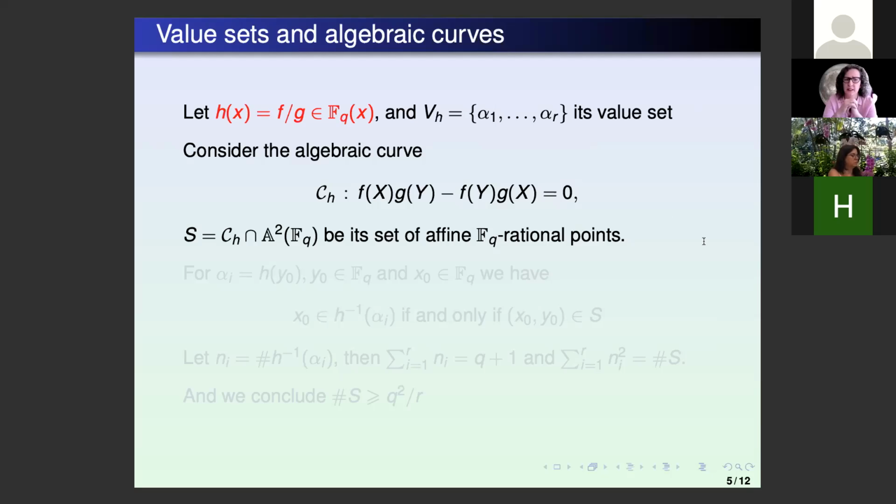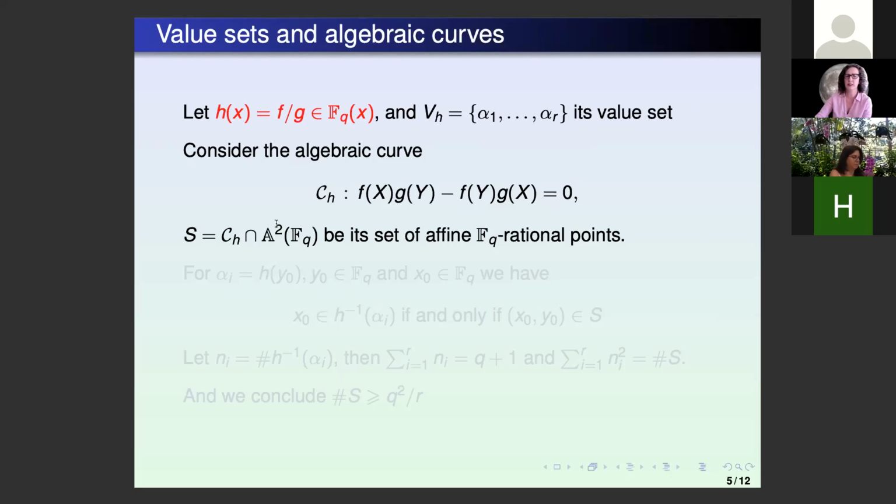At first, we will give a relation between value sets and algebraic curves. So take a rational function h equal to f over g. We always suppose that f and g are coprime, okay? And we denote the value set of h by alpha 1, ..., alpha r, so we have r elements.